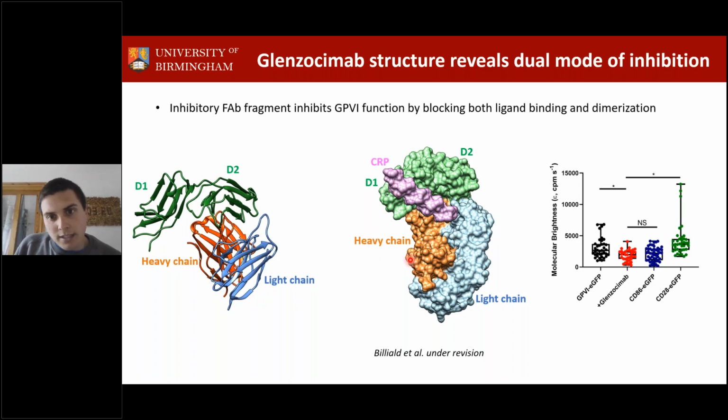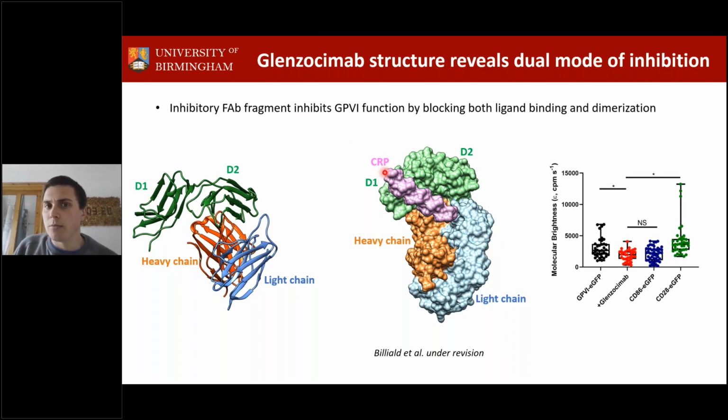And if I overlay glenzocimab, which is in orange and blue here, with the GP6 CLP structure, what you see is that although the Fab is binding away from where the ligand binds, because the ligand is binding to the D1 domain, just the sheer bulk of the Fab gets in the way of the collagen chain.